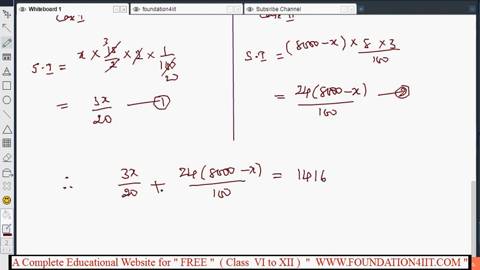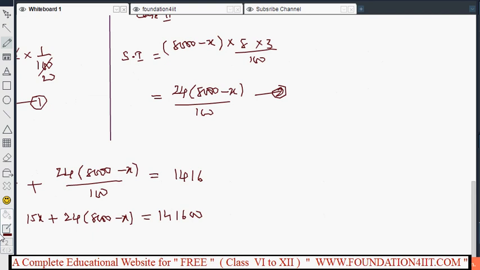We can take the LCM. 100 is the LCM, so 15x plus 24 into 8000 minus x is equal to 1416 into 100, that is 141600. Now you can simplify, that is 15x plus 24 into 8000 minus 24x is 141600.